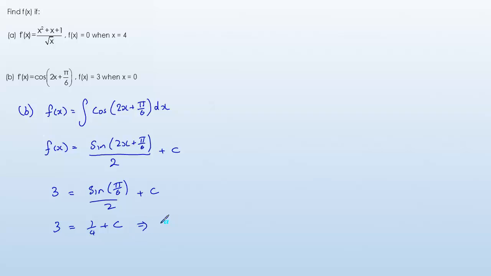So c must be 2 3/4, which usually would give us an improper fraction, so that's 11 over 4. So here we can say that f of x is going to be a half sine of 2x plus pi by 6, add 11 over 4.